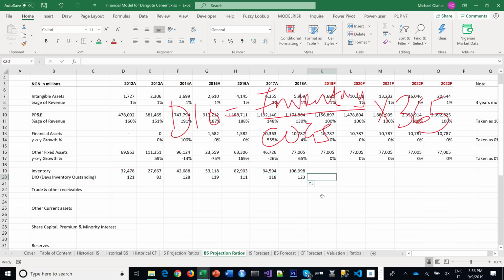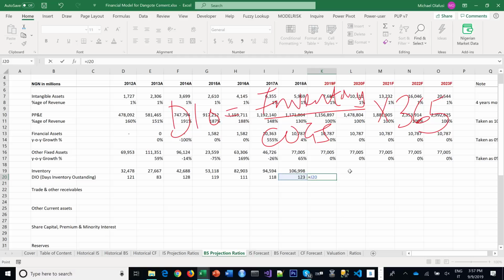And then if I don't have any information into the future, I'll expect whatever inventory situation they have persist into the future, except if I know they are improving their supply chain, they are trying to cut down on inventory holding, more efficient, then I'll maybe adjust it downwards into the future.